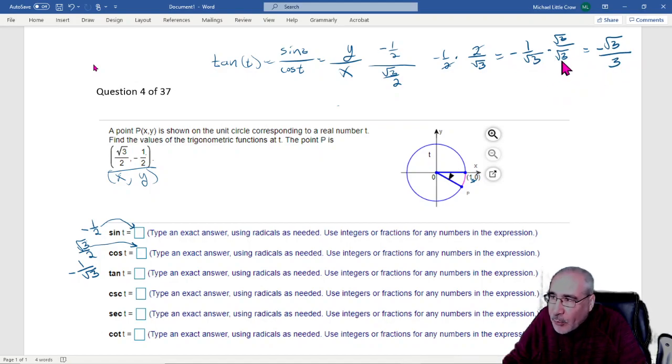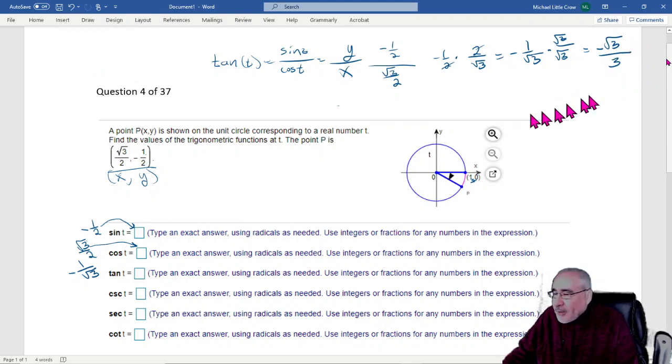Square root of 3 times square root of 3 is actually square root of 9, which then is 3. Okay, so if your student version doesn't accept my answer of negative 1 over square root of 3, and wants it rationalized, then it would want this answer here.